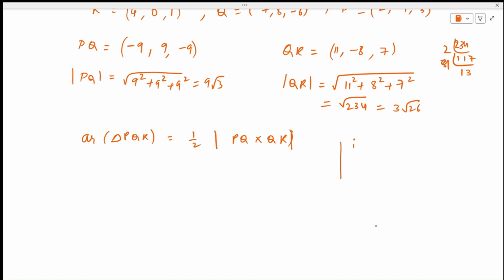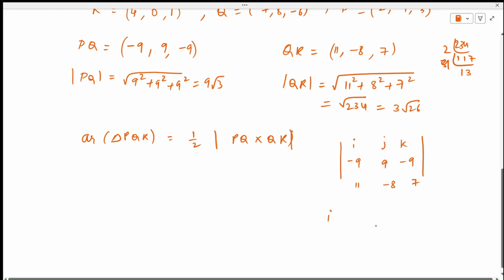That is equal to the determinant of i, j, k. PQ is minus 9, 9, minus 9. And QR is 11, minus 8 and 7. So i of 72 plus, 9 times 7 is 63, right? 63 minus 72.